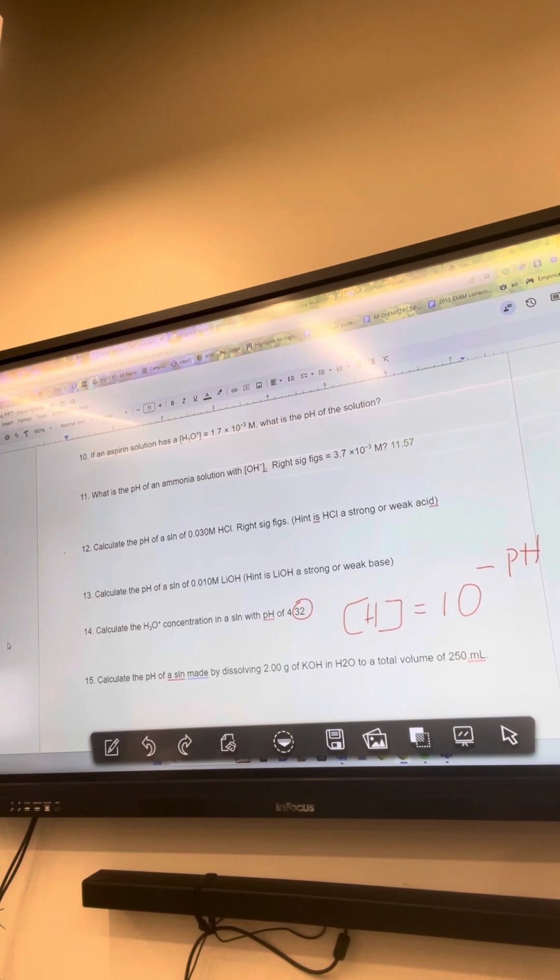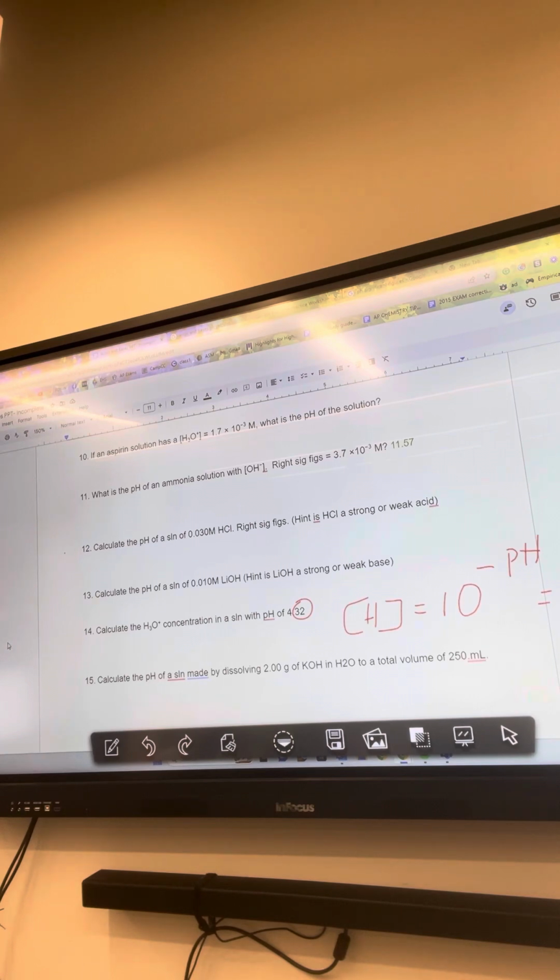So 10 to the negative 4.32 equals 4.78 times 10 to the negative 5.